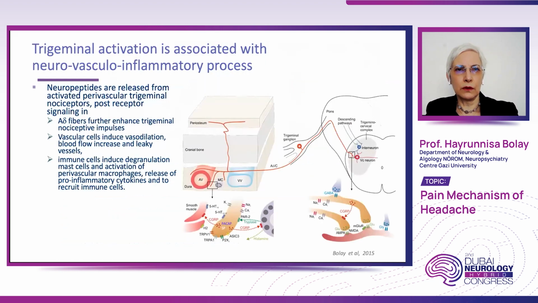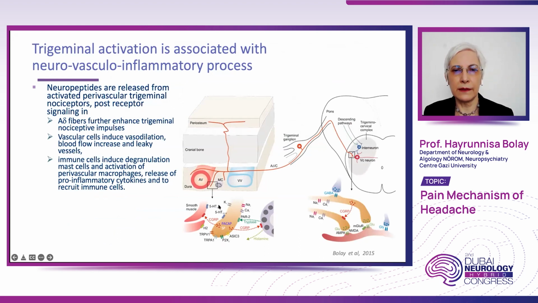Trigeminal activation is associated with a neuro-vasculo-inflammatory process, and when these peripheral axons in the dura mater are activated, they release neuropeptides, mainly calcitonin gene-related peptide, PACAP, and substance P. Those neuropeptides have receptors on other cells, vascular cells and smooth muscle cells, which induce vasodilation, leaky vessels, and edema.